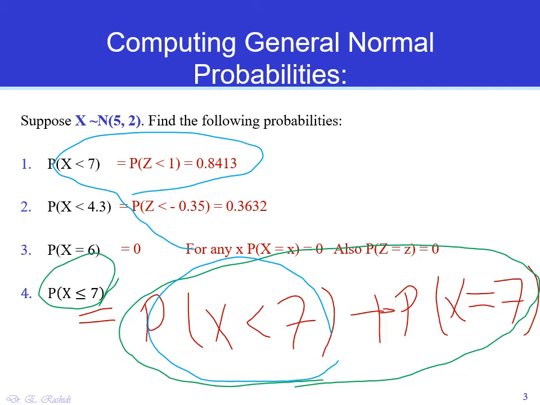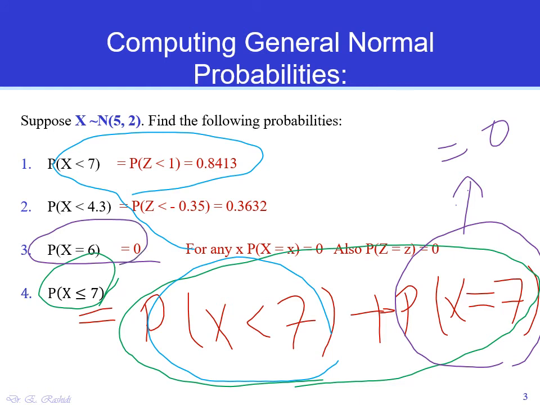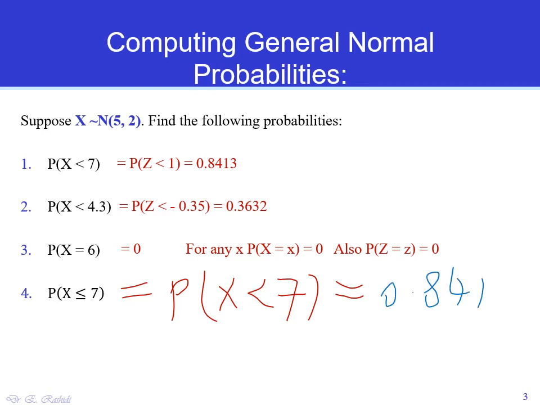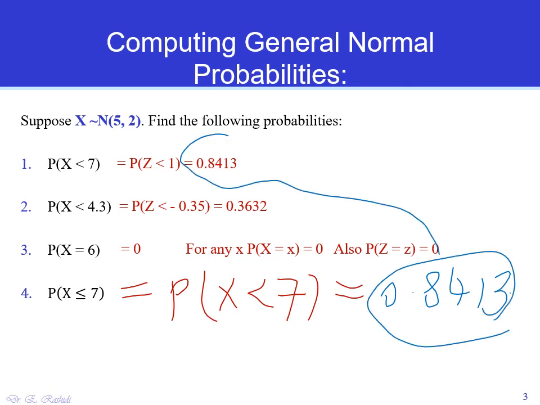The second one, we learned that it is equal to 0. So basically, this means that the probability that x is less than or equal to 7 is equal to the probability that x is strictly less than 7, and that would be equal to 0.8413 that we have here. So number 4 would be equal to number 1. These two are equal.